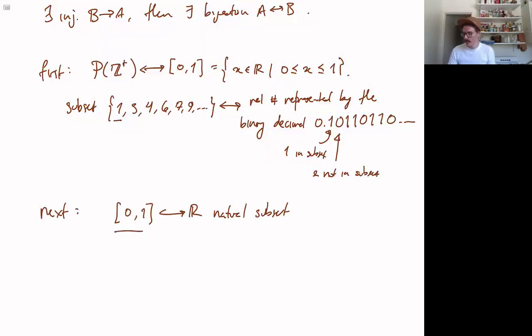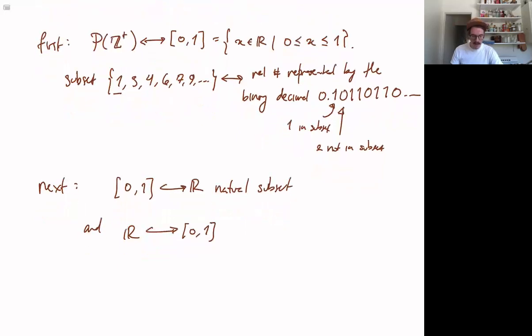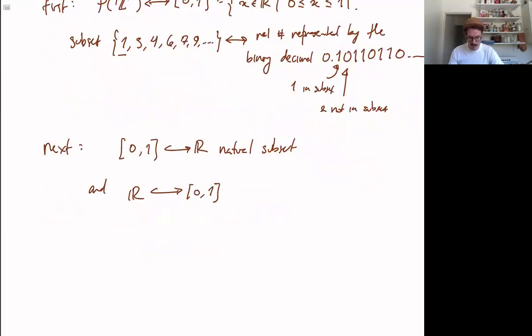This closed interval is a subset of the real numbers. So we get an injection that way. And we can get an injection the other way by taking, for example, f of x equals 2 over pi arctan x.